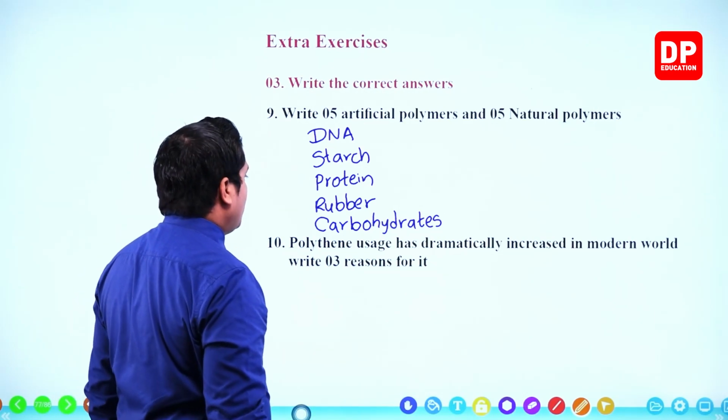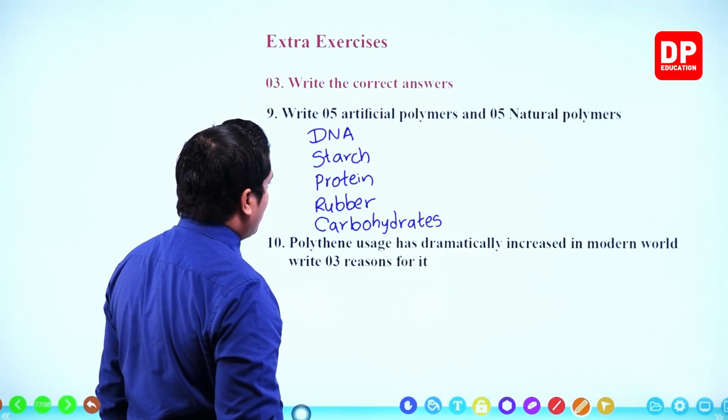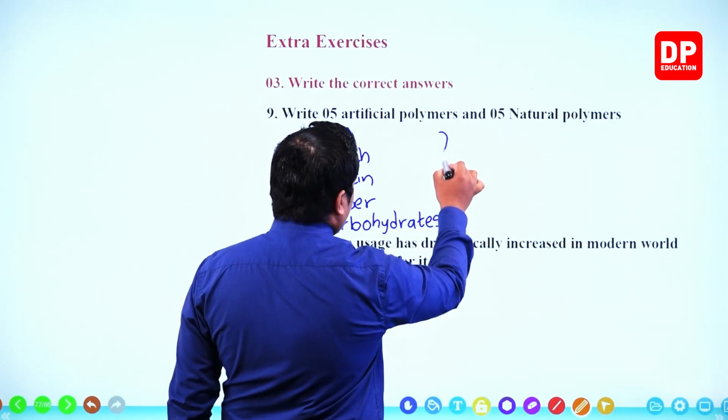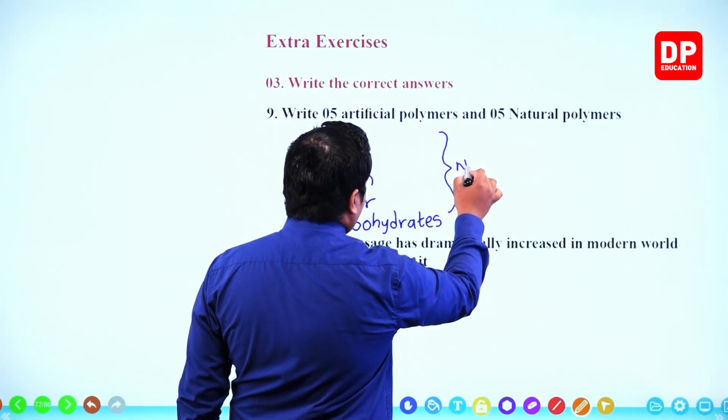Carbohydrates, rubber, protein, starch and DNA. These things are natural.